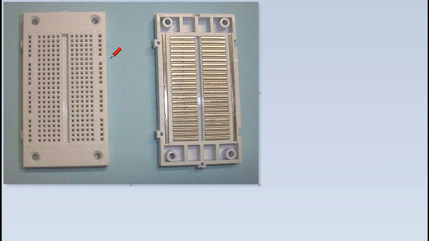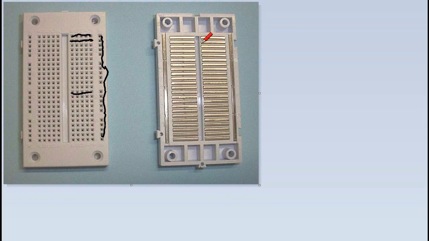This is a cheaper breadboard. You'll notice that all along here, all these holes right here are connected. They're all connected, and each line along here is connected. See that? It's connected, it's connected, it's connected. But these are not. So along here, this is connected, this is connected, this is connected.